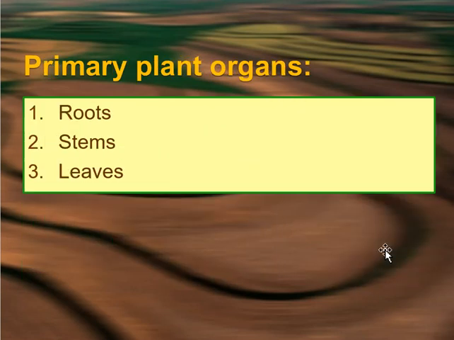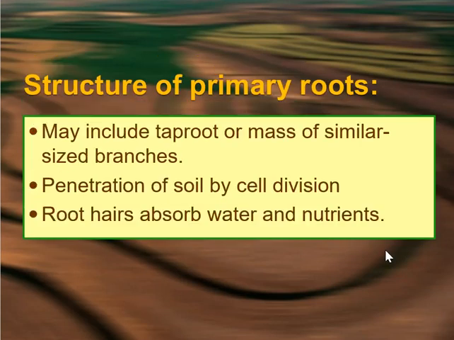So primary plant organs, roots, stems, and leaves are what you could call the primary plant organs. We know that these are some of the main parts of the plant, and so we can look at how they function as organs.